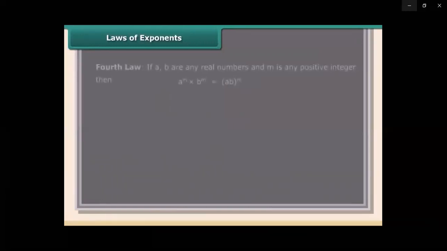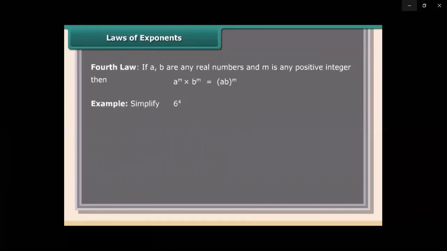Now let's move to the fourth law of exponent, which says that if a and b are any real numbers and m is any positive integer, then a raised to the power m into b raised to the power m is equal to ab raised to the power m. So if the powers are the same for both bases and the bases are different, then we can write it like this. For example, 6 raised to the power 4: we know that 6 can be written as 2 into 3.